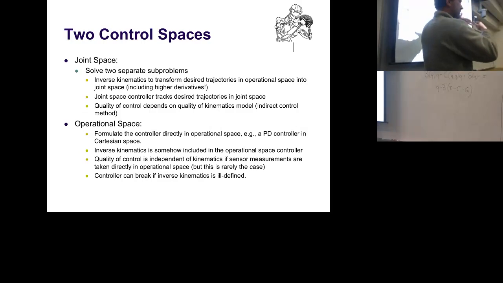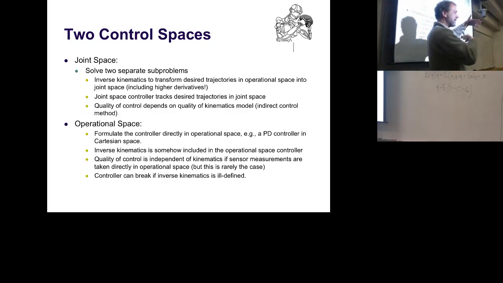This separates two problems, which is scientifically always nice, but has the potential problem that you make up a trajectory you want to follow in end effector space and put it into joint space, but if there are errors in the system, like your kinematics is not as accurate as what you put into your equations of motion, and your transformation matrices are not accurate, you potentially get low quality control at the end effector, despite doing nice quality control on the joint level. Usually it's best to control exactly in the space which you care about.